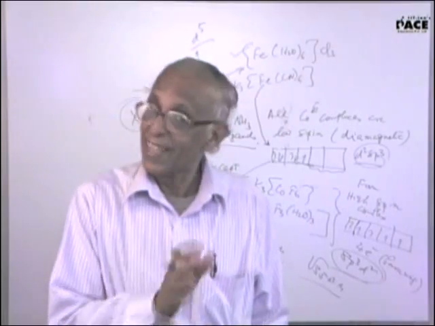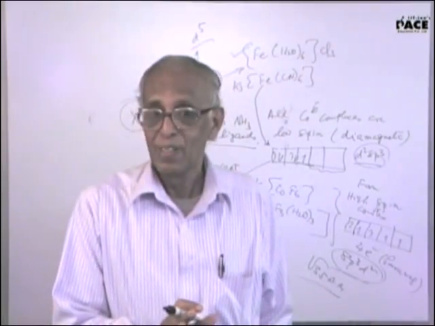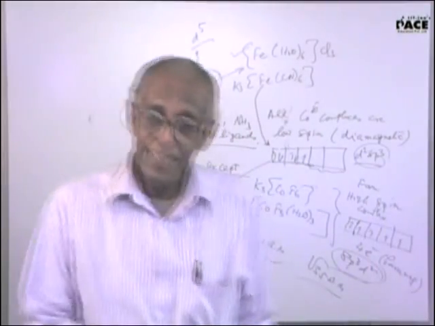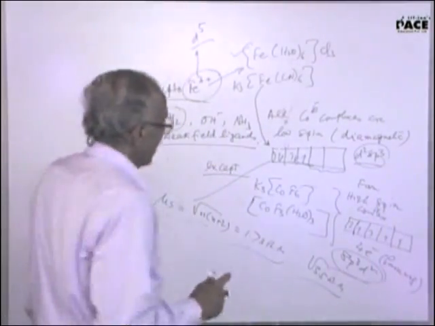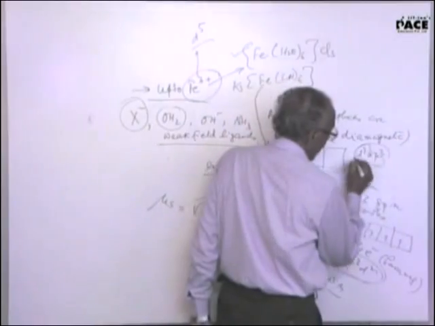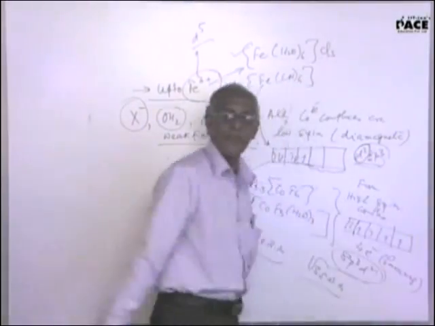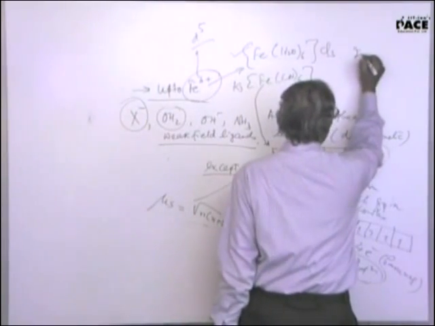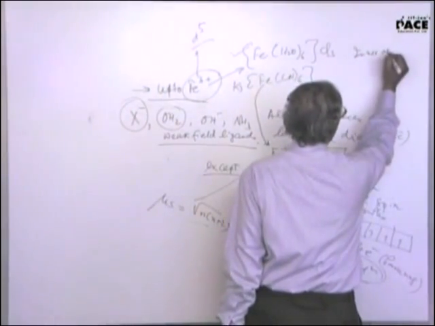Now, there is a limitation. Now I will come to that. When you use the d orbital before s, then you call it an inner orbital complex.